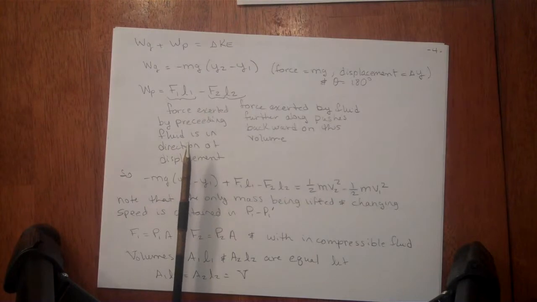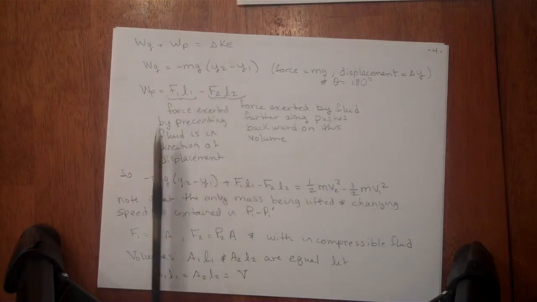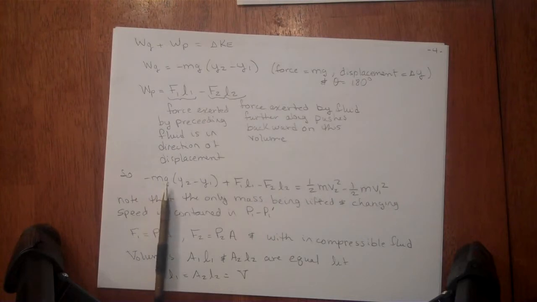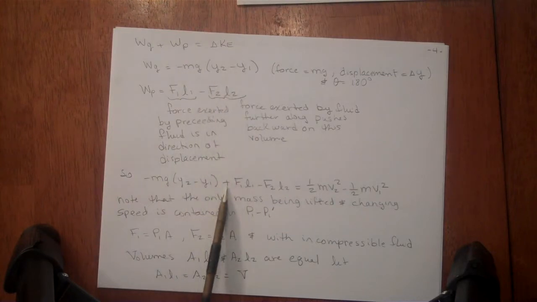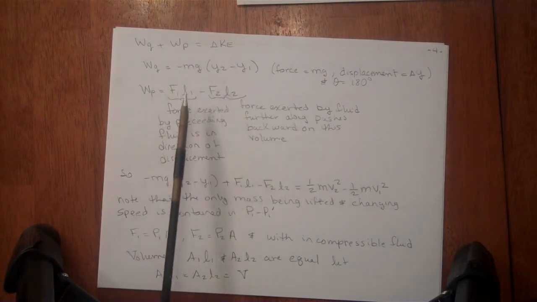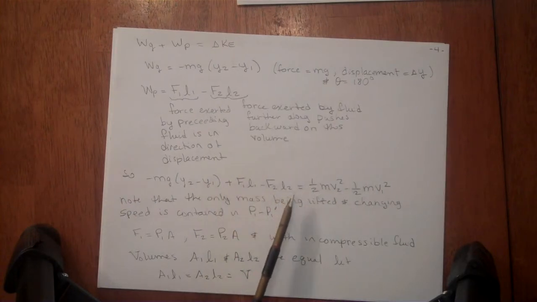So if we come back to our equation, plugging everything into our work equation, we have minus mg times (y2 minus y1), that's the work done by gravity, plus the work done by the pressure force, that's this expression, F1L1 minus F2L2, is equal to the change in the kinetic energy.